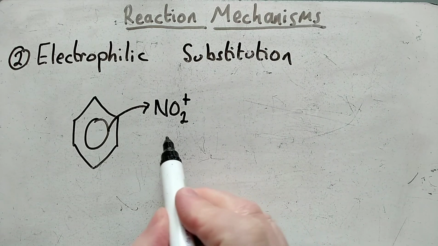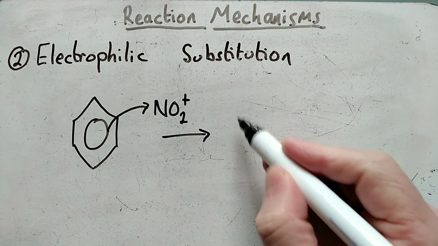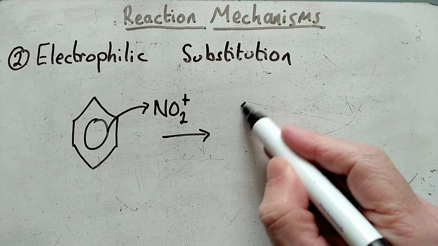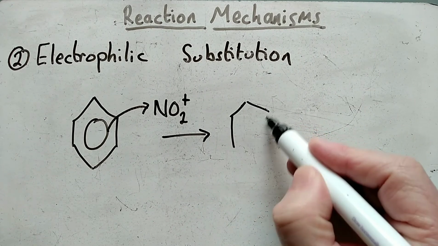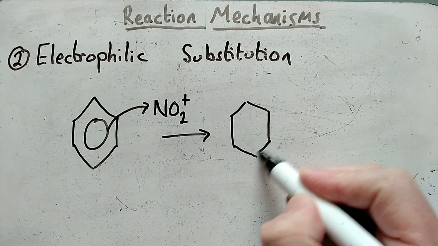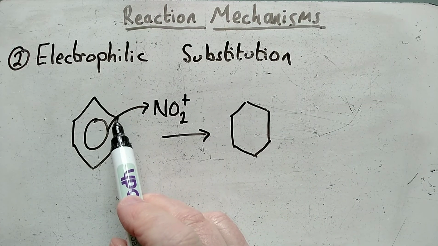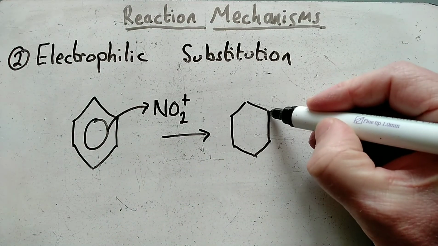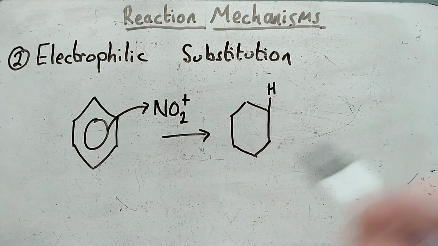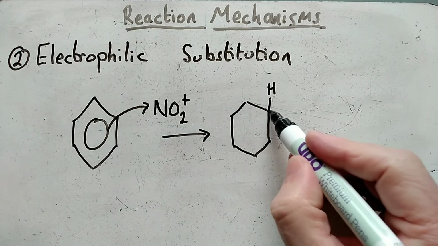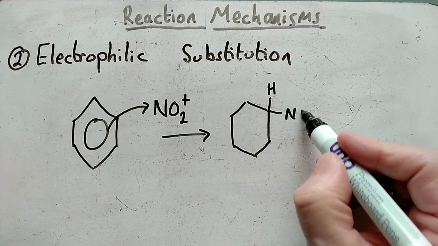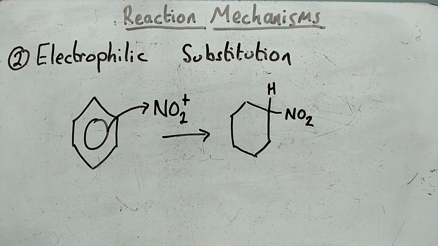So in this case, what we get is our benzene ring, and this carbon here, it's very easy to forget that there's a hydrogen attached to that, but there is. And now the nitronium ion is attached to it as a nitrate group. Right?